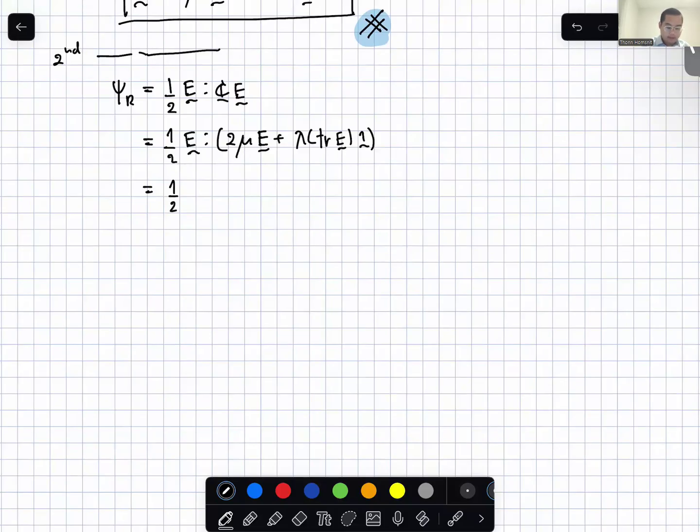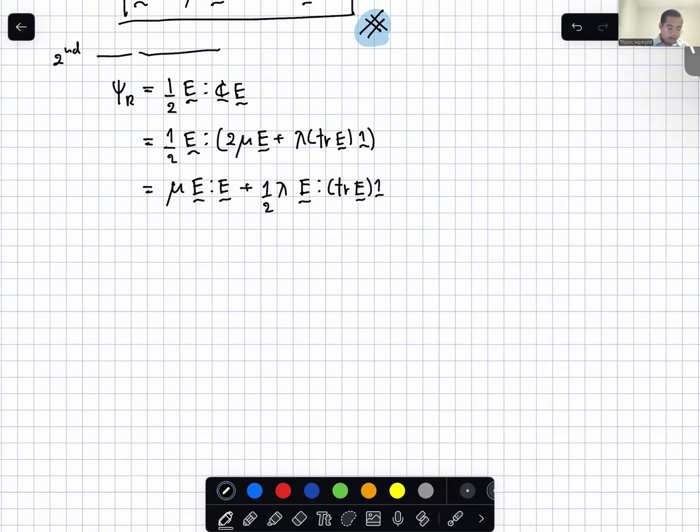So the 2 cancels out and leaves mu, and we have E double dotted with E. And the second one is 1/2 times lambda, because it's a scalar, we can pull it out, and we have E double dotted with the trace of E times the identity.